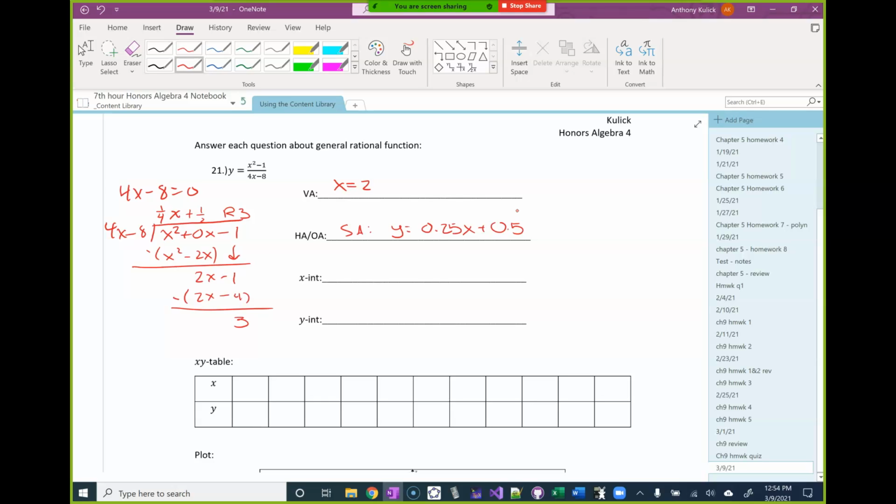Okay. For the x-intercept, I'm just going to take the numerator equal to 0. I notice that the numerator factors. So my solutions are -1 and +1. And my y-intercept, if I plug 0 in, I get -1 over -8, which is positive 0.125.